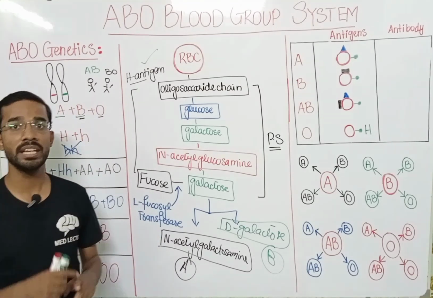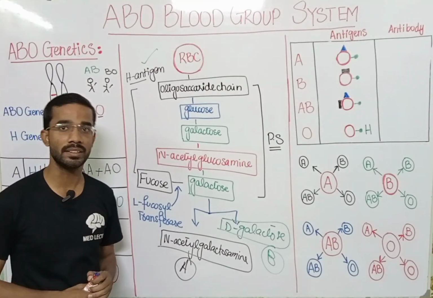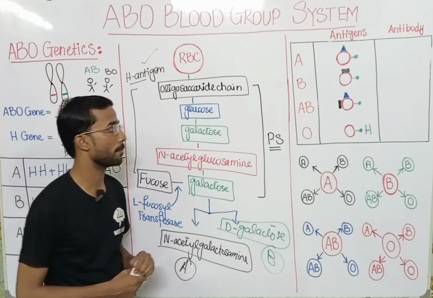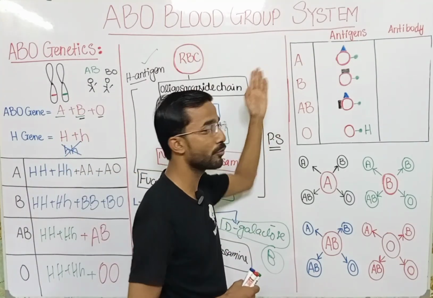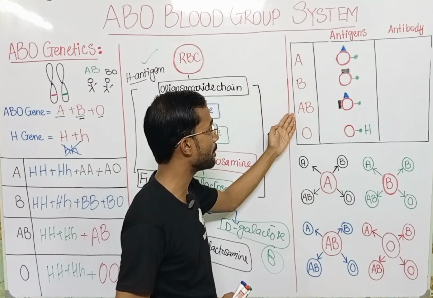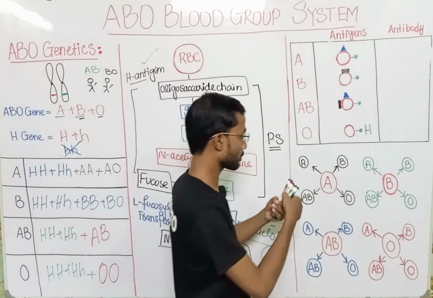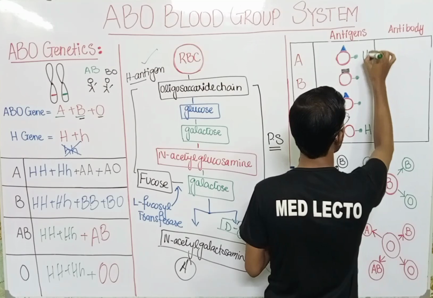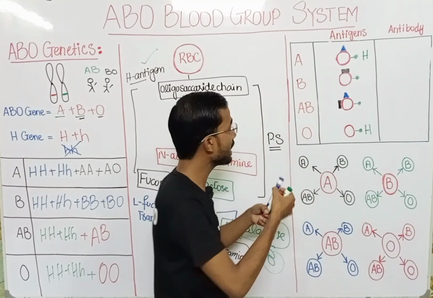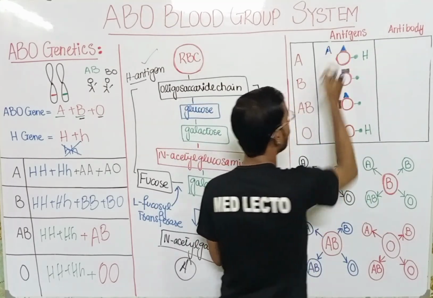Next, let's discuss the relationship between the antigens and the antibodies of the ABO blood group system. Here again are the four blood groups: A, B, AB and O. In the A blood group, as we have discussed, it has the H antigen and the A antigen. Why?